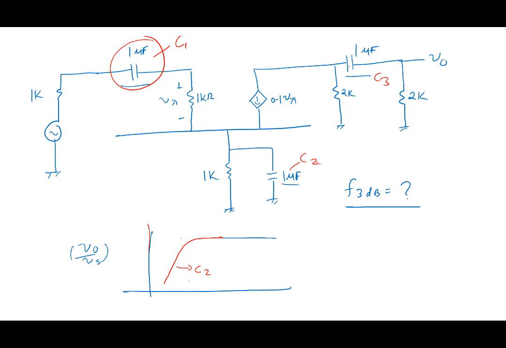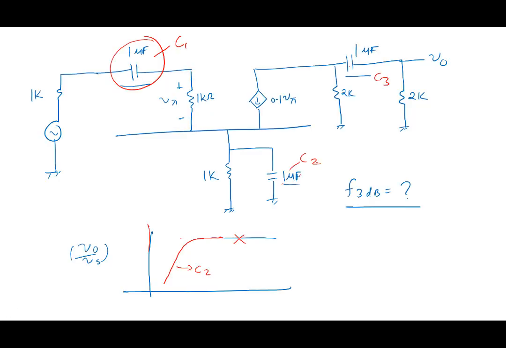C2 is dominant. In this region where it is flat, all of them are acting as shorts. Now I keep reducing the frequency and C2 causes it to fall, which means C1 and C3 are still acting as shorts. C2 is no longer short.